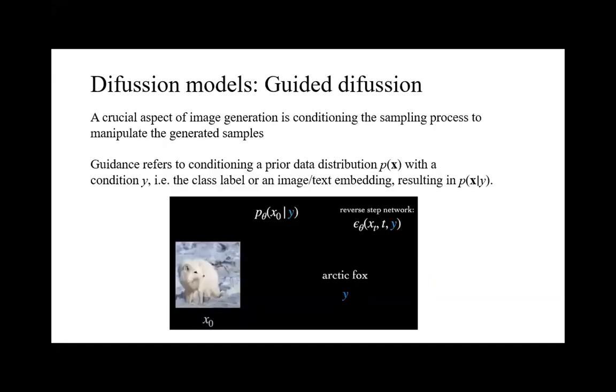So this works for generation, but in the generation field, we want to generate conditioned images. If I want to generate an image of an Arctic fox, I need to somehow condition my generation to generate that particular image. So we can guide the generation process. For guided diffusion, what we do is condition the generation.